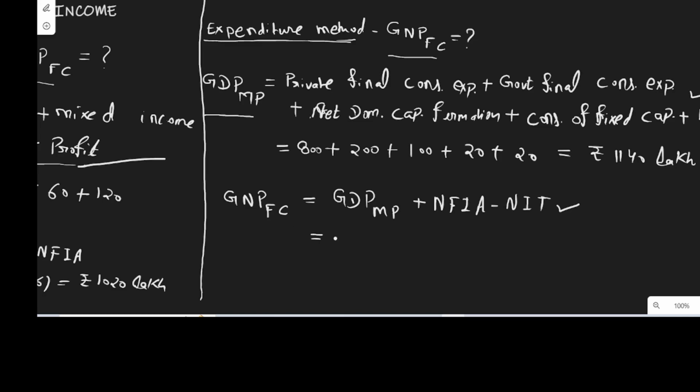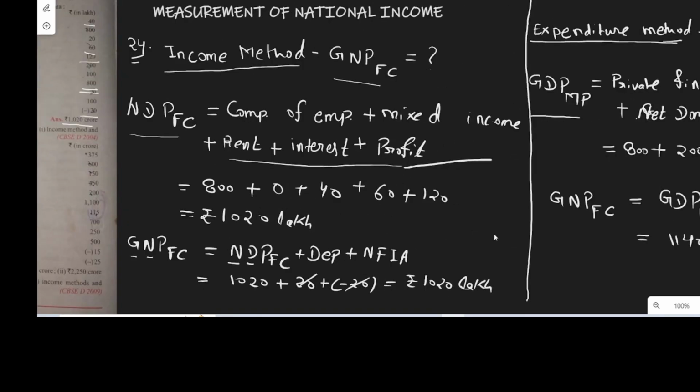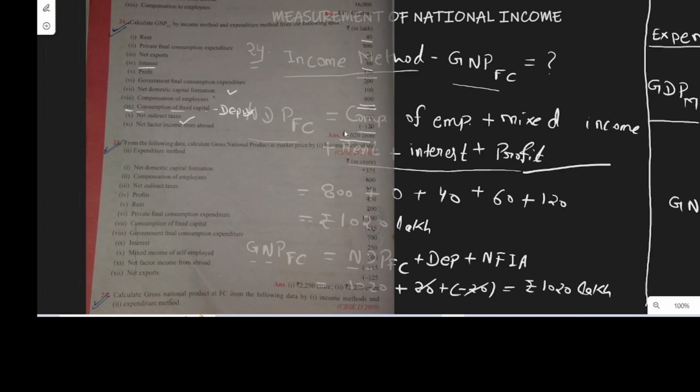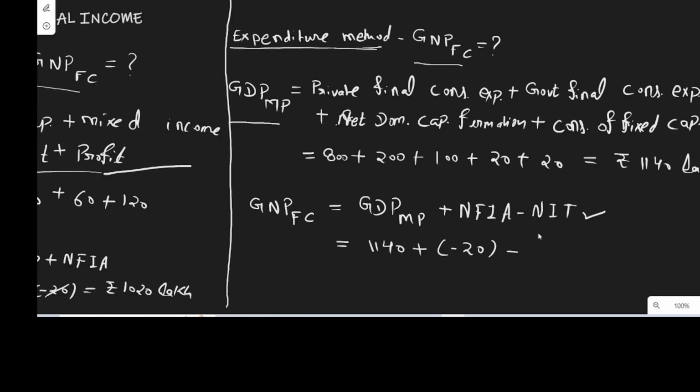So GDP MP is 1140, NFIA I remember was minus 20, and NIT, let us see, is 100. You can see here. So I'll subtract 100.